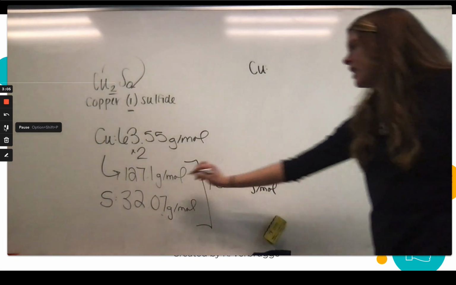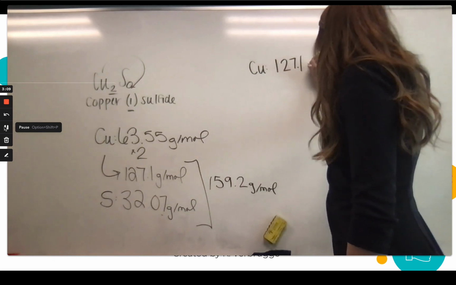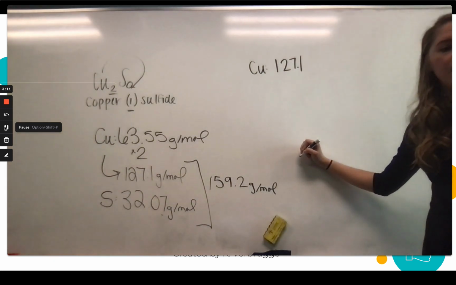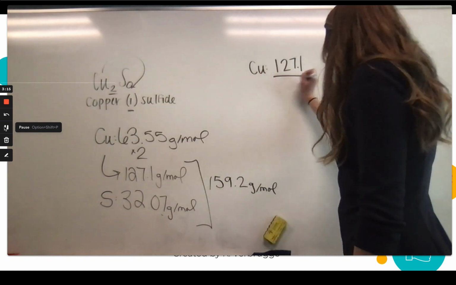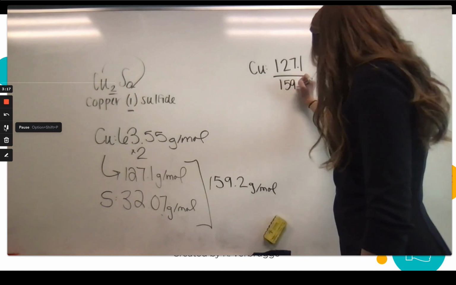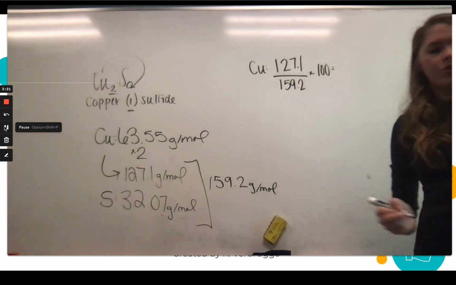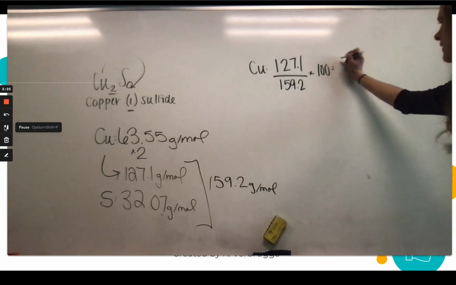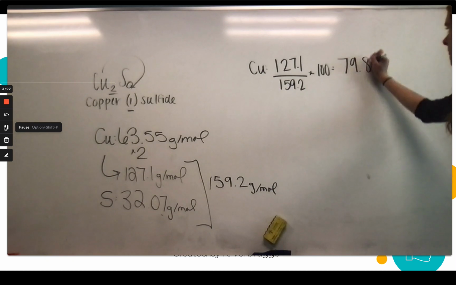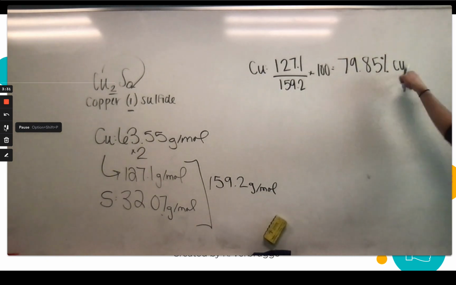My mass of copper we found to be 127.1 grams per mole, and my mass of the compound on the bottom is 159.2. We multiply that by 100. Not too crazy of math, and you get something around 79.85%. That is my percent of copper.